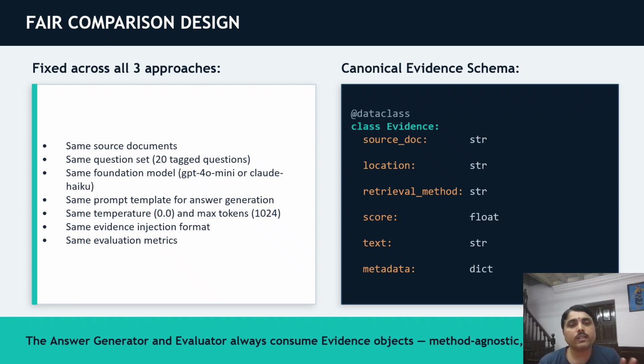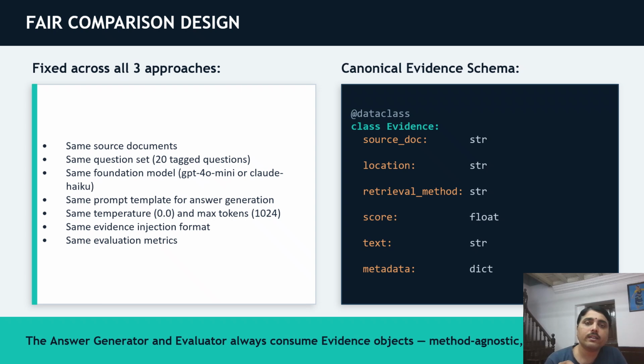Fair comparison is the whole point of a POC. If the answer generator used a different prompt for each method or different temperature settings, you would be measuring the prompt quality rather than retrieval quality. Everything that can be held constant is. The evidence schema on the right is the mechanism that enforces this.